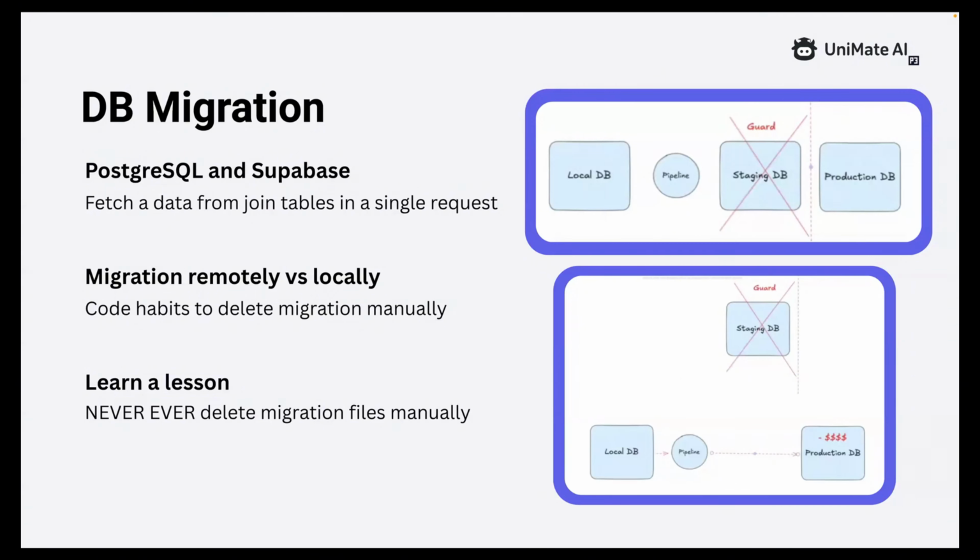The whole team worked together to debug the issue, and we eventually found the root cause: a mismatch between local and remote migration state. For example, a migration file was generated in the local environment, but at the same time Supabase was running as well.